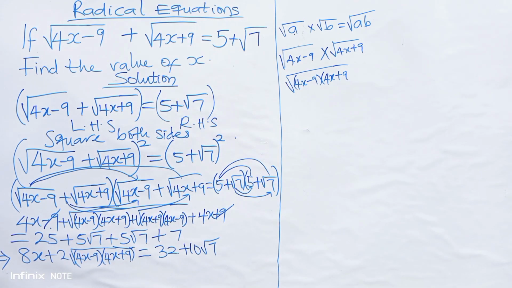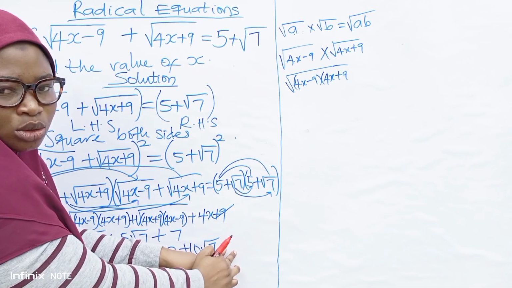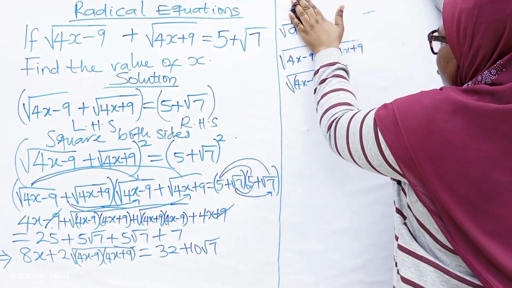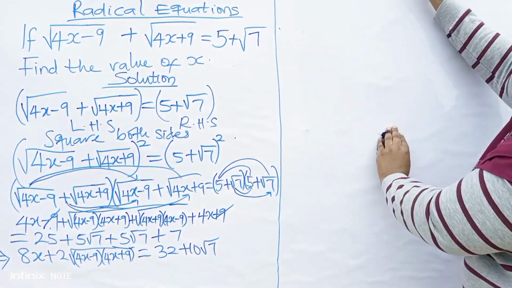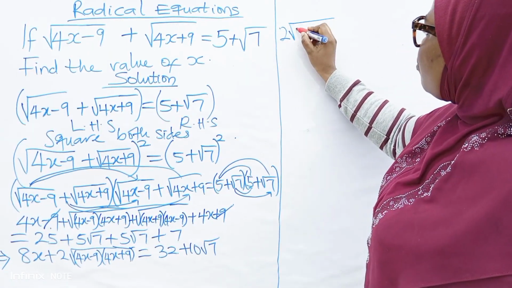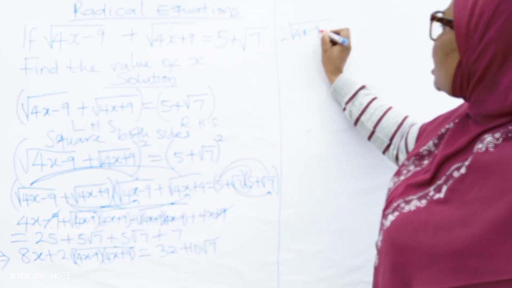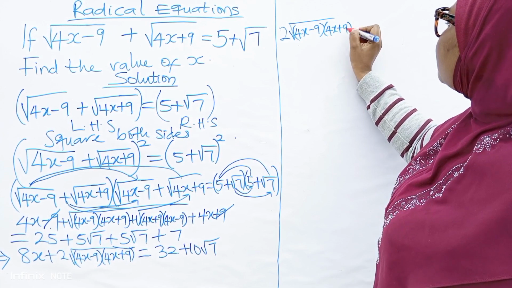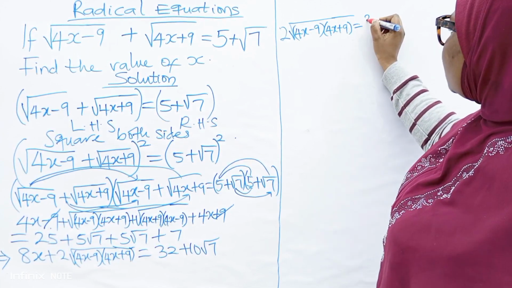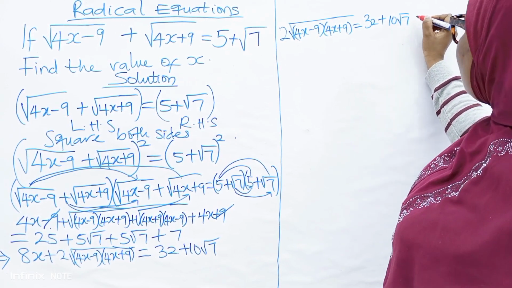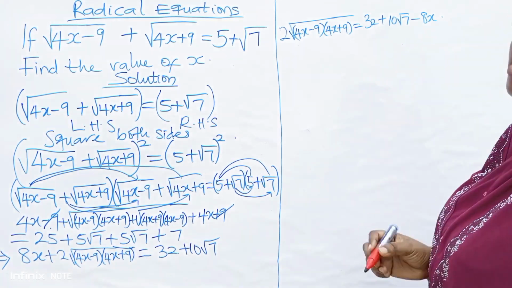So the next thing that I'm going to do now is that I want this 8x to come and meet those ones that are in the right hand side now. So my equation now will be 2 root 4x minus 9, 4x plus 9 is equal to 32 plus 10 root 7 minus 8x.